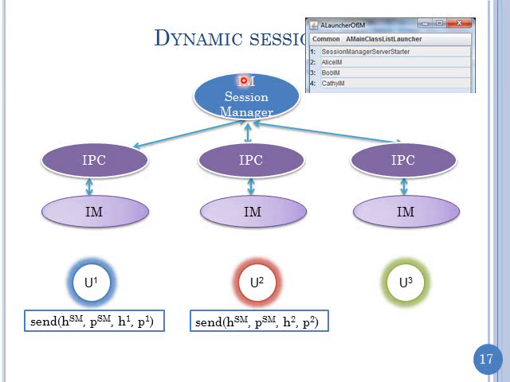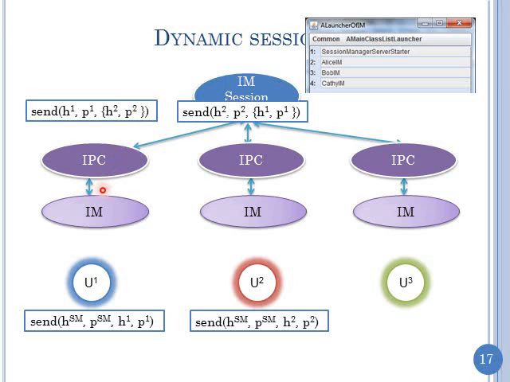So it sends to host 1 on port 1 the fact that there is now another process in the session, and its host is H2 and its port is P2. So host 1 gets this, plus host 2 gets to know about host 1.